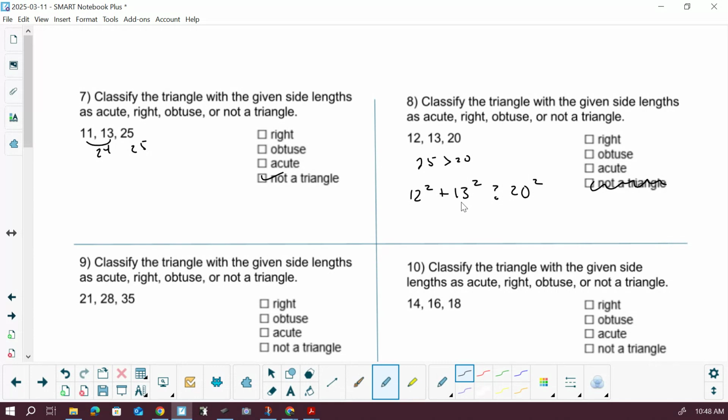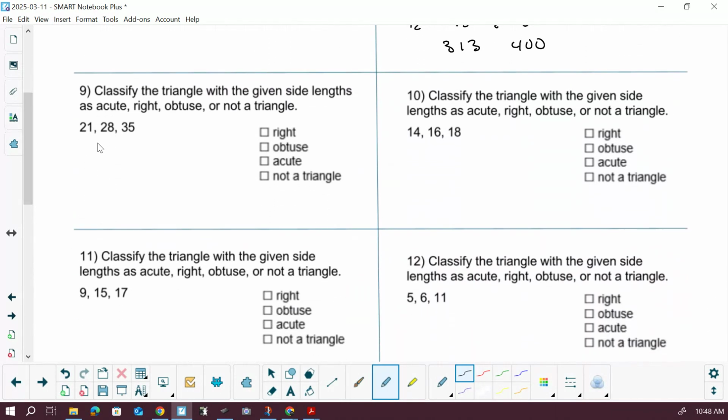Add those together, we get 313. And this 20 squared is 400. So it's not equal, which means it's not a right triangle. This one is bigger than this, which makes it obtuse. So that when this one by itself is bigger, it's obtuse.